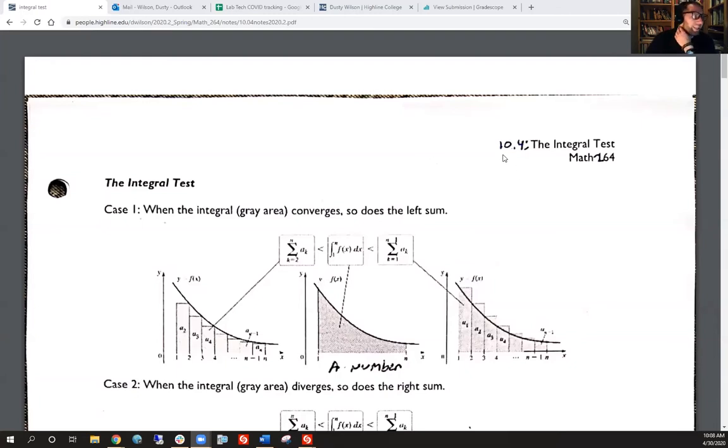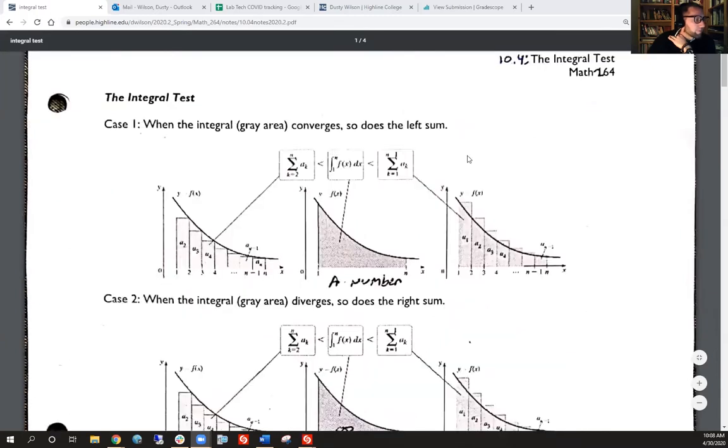So we are beginning section 10.4 on the integral test and also the test for divergence. I'm going to begin by giving you this picture of the integral test. There's sort of two cases here.